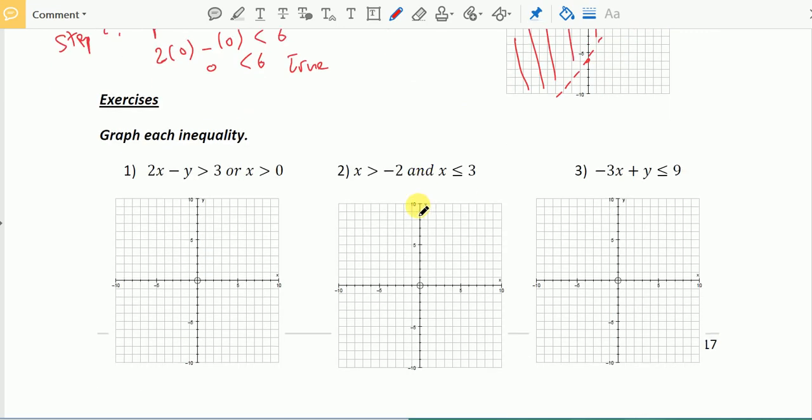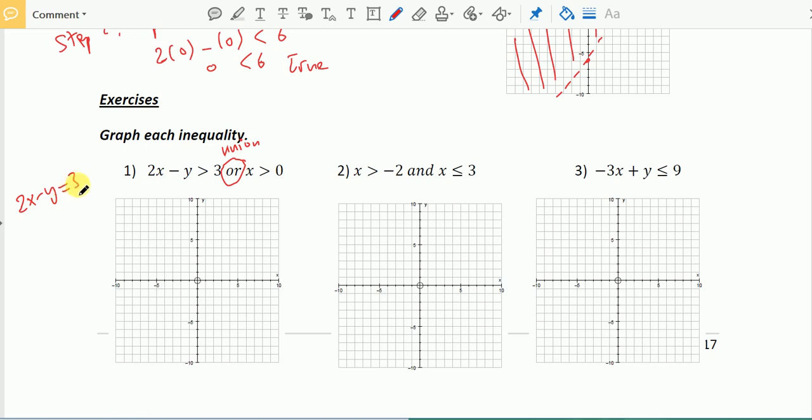Okay, so let's try the last 3 examples here. Because we have the OR, this represents the union, right? So this one or this one. Let's do each individual inequality first. Let's take care of the first one: 2x - y = 3, step 1, right?